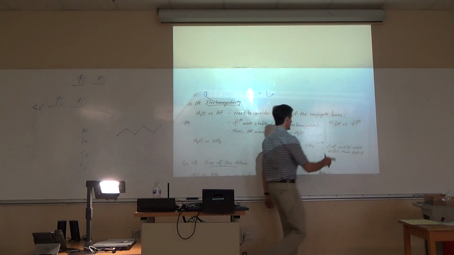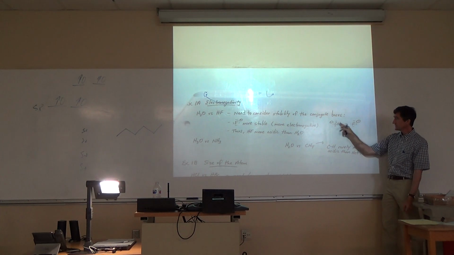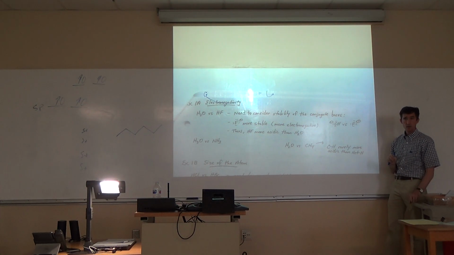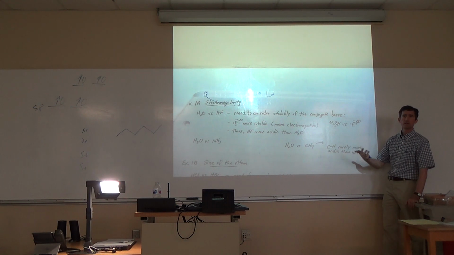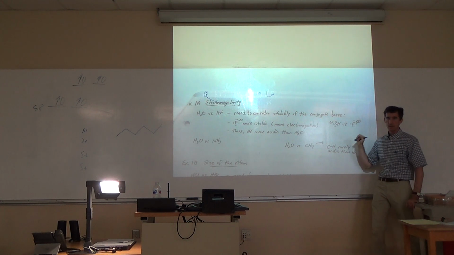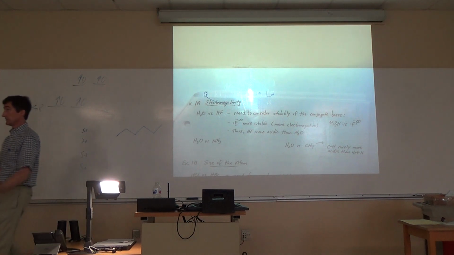What we need to do is look at the conjugate bases and compare their stability. Which is more stable? We've got O minus or F minus. The answer comes from this: which one doesn't mind being minus as much? Fluorine. Why? More electronegative. Likes being negative. These guys like being negative compared to over here.